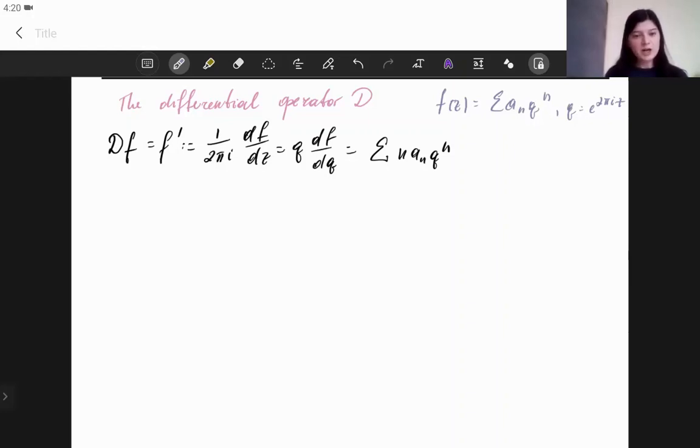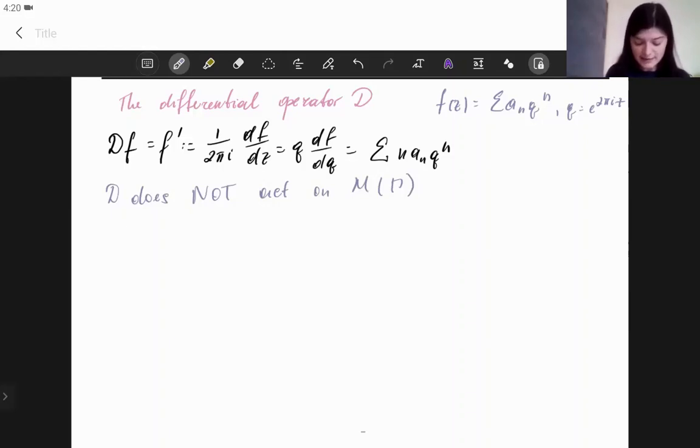Now, the interesting part is that D does not act on the graded ring of holomorphic modular forms. So it does not act on that M of gamma. And we might want to check why that is so.